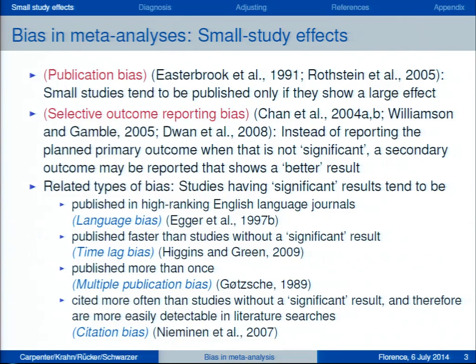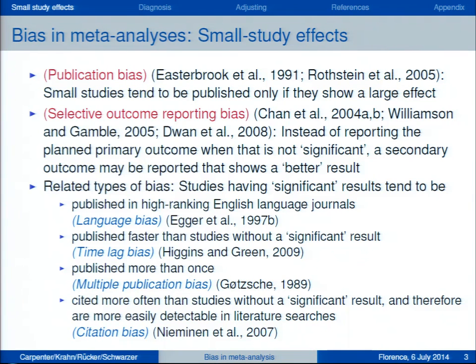As for all types of studies, there are lots of biases also in systematic reviews and meta-analyses, and there is a keyword, small study effects, coined by Jonathan Sterne a few years before, and they have very different sources. The most well-known word here is publication bias.